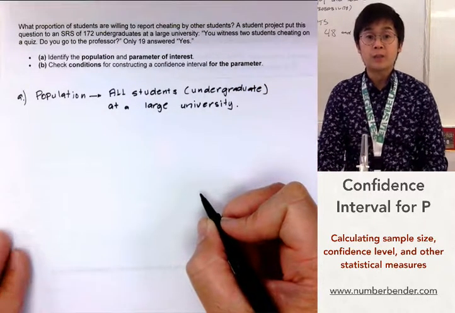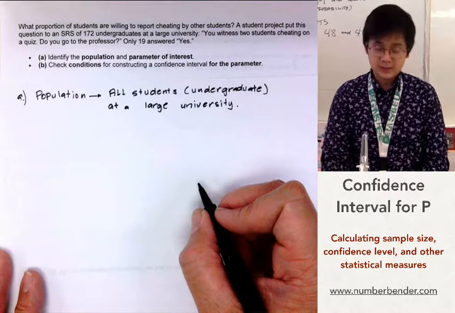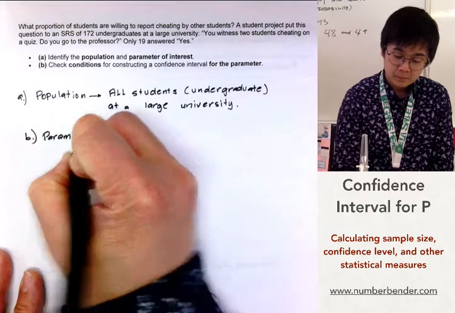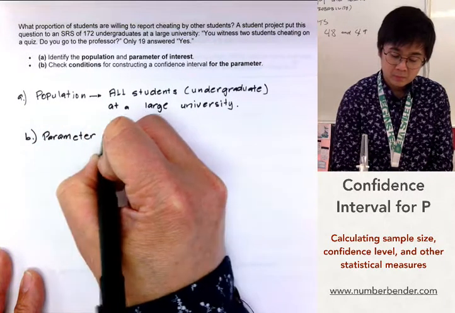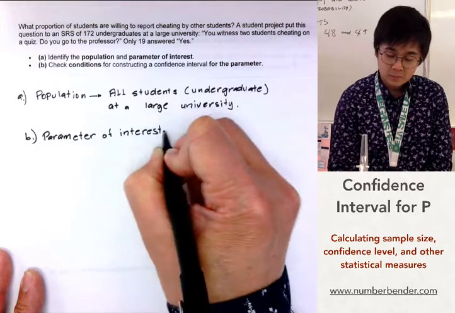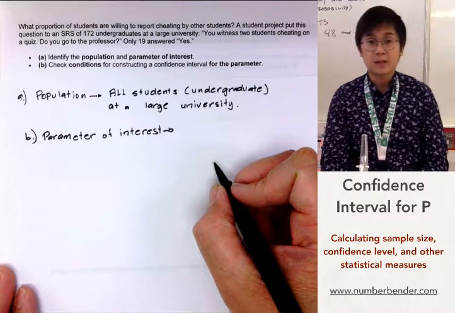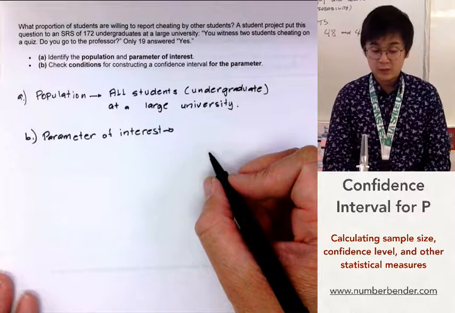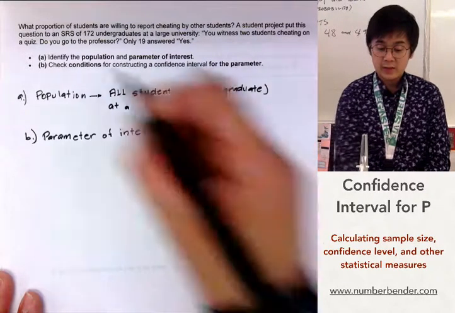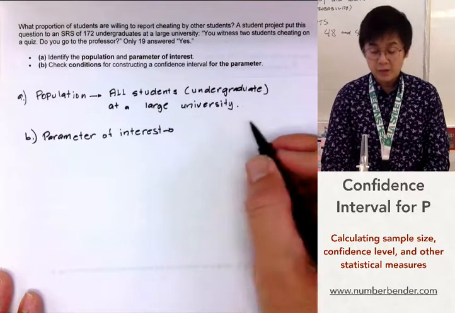So ito yung population base dito sa word problem natin at yung parameter of interest ito naman yung kukunin natin o i-estimate natin using confidence interval. At dito, i-estimate natin yung proportion ng mga students na willing mag-report ng cheating mula by other students.